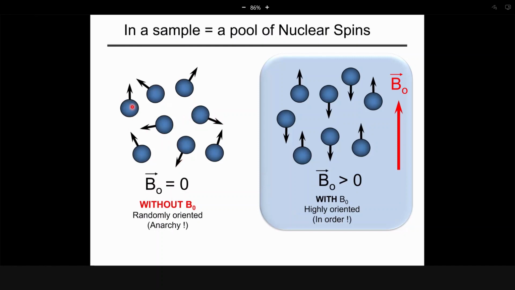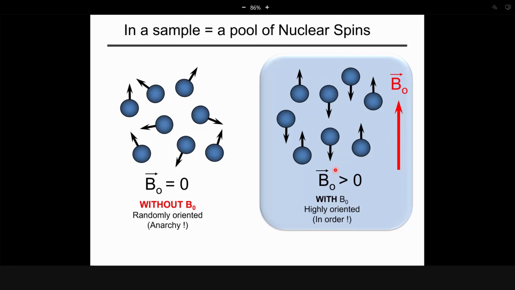The nuclei have different orientations of their magnetic moments. But when you apply B0, you put some order in the sample. Some of them will be oriented in the same direction as B0, and the others in the opposite direction. So we have two energy levels.